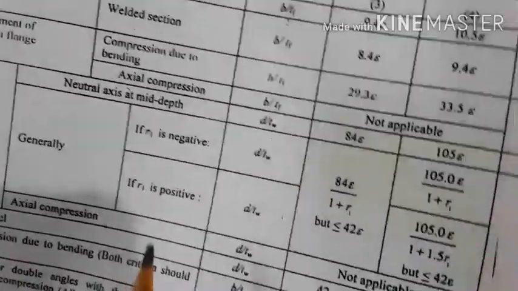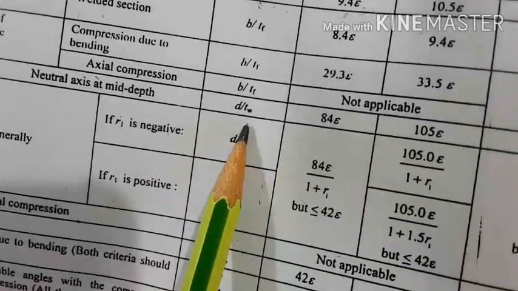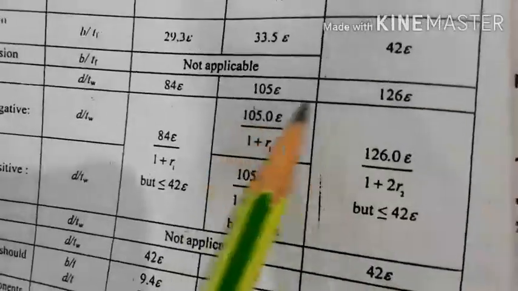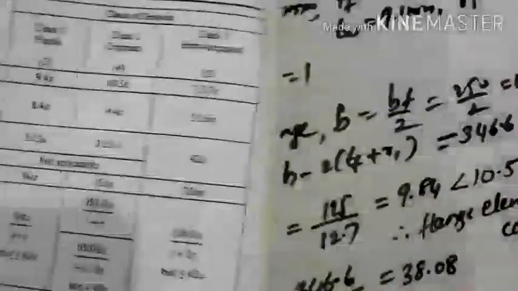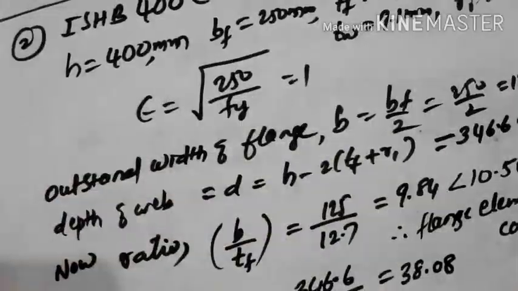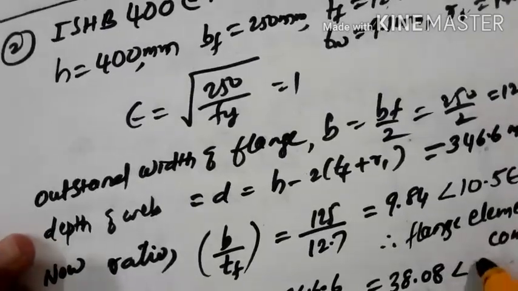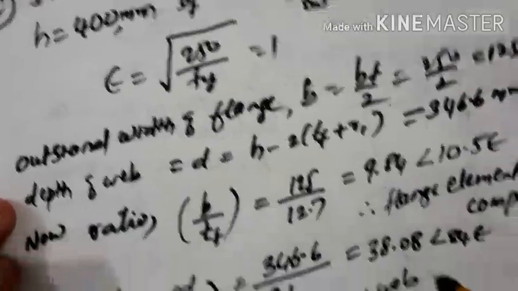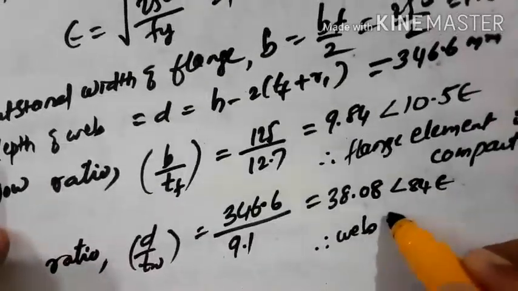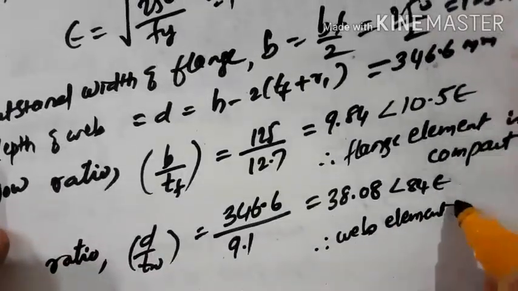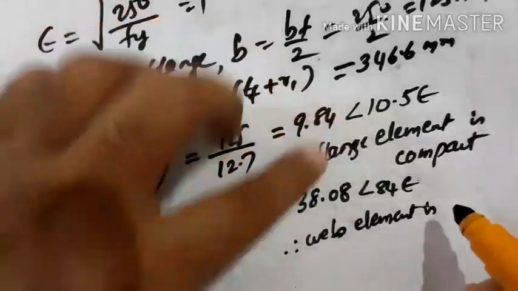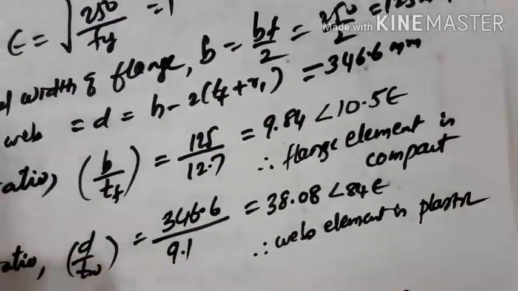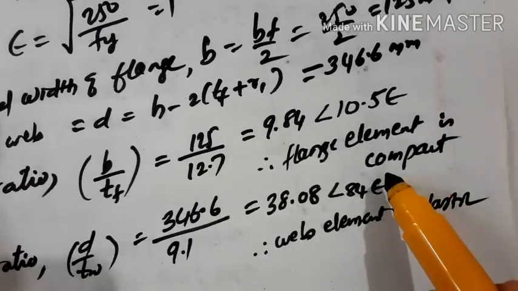Look at this depth to thickness ratio. Here is 84 epsilon, 105 epsilon and 126 epsilon. But in our case it is 38, which is less than 84 epsilon. Therefore web element is plastic.